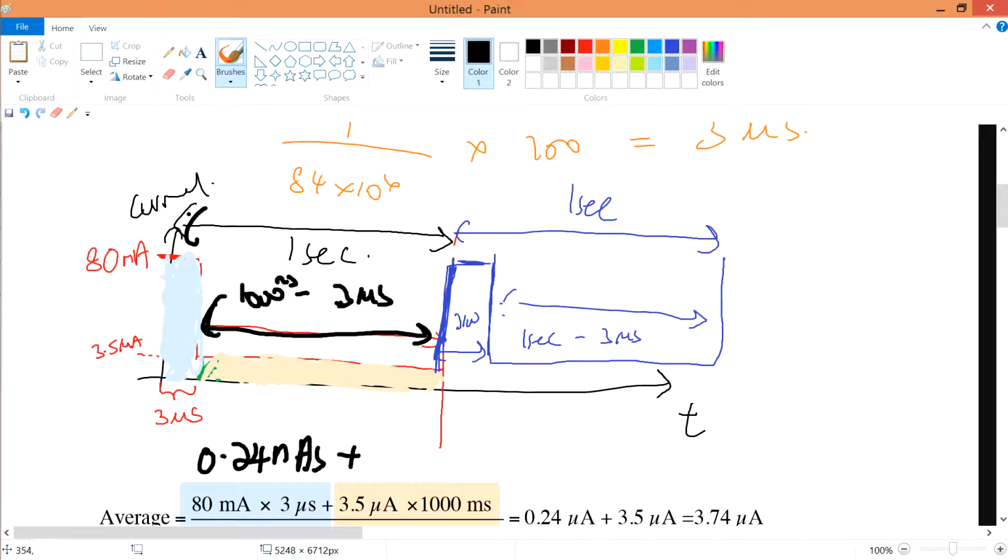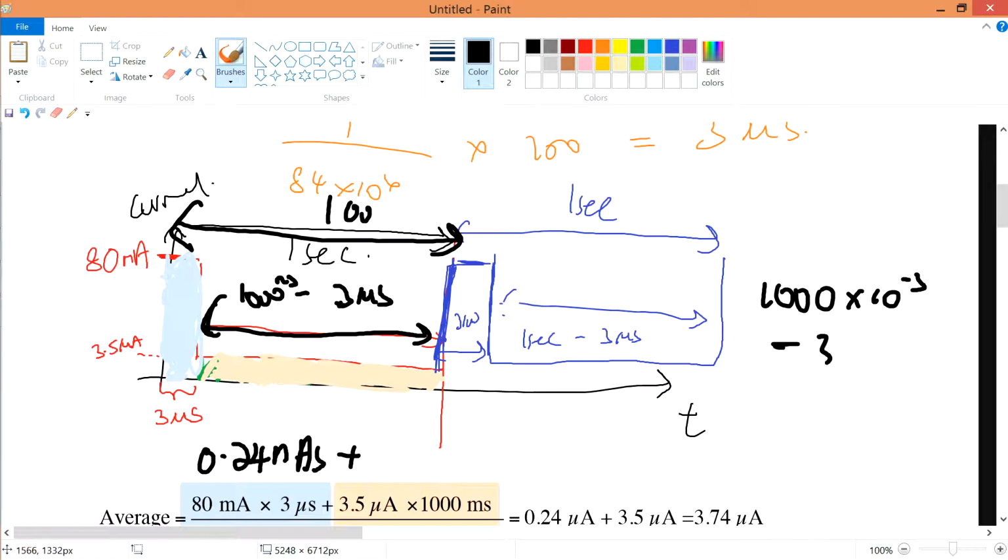Although we say that this thing over here is 1 second or 1000 millisecond also, this portion over here is so small that in decimal place you can still say that 1000 millisecond. I think you get what I mean already. Like, for example, if I show you 1000 times 10 to the negative 3 minus away 3 times 10 to the negative 9.